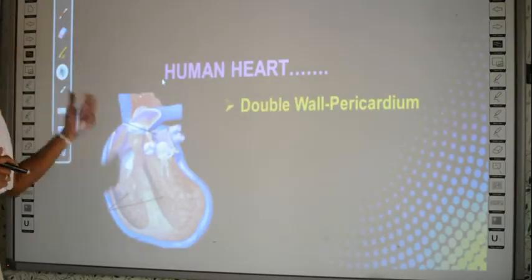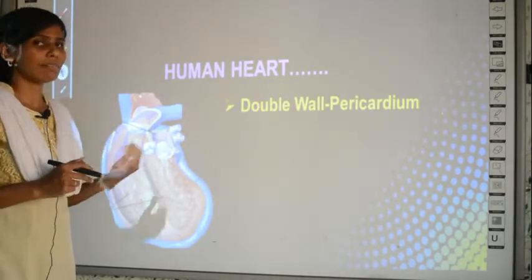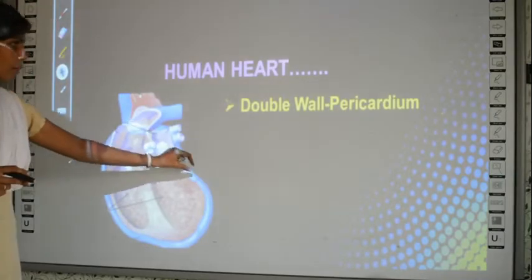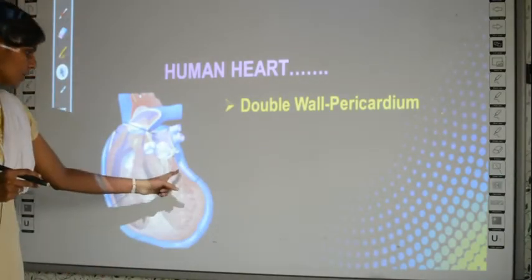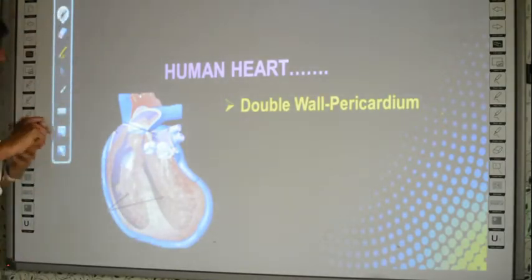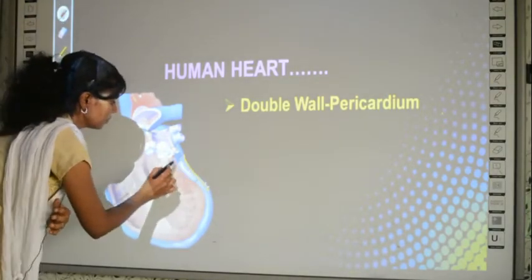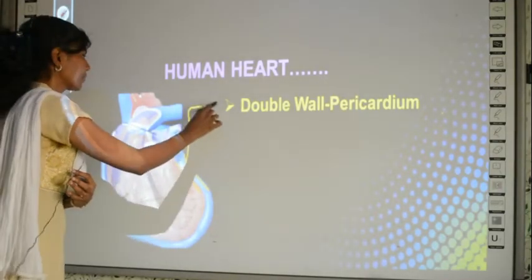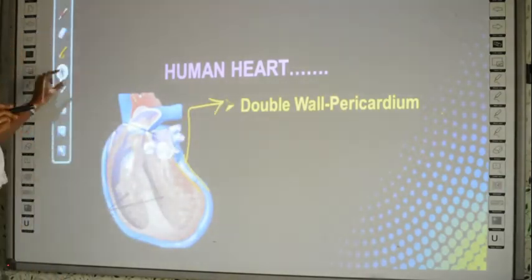Okay. Some more basic structure you have, we will learn that and we will go to the detailed structure. Heart is always covered by a double wall. Can you see double wall 1 and 2? It is always covered by double wall.